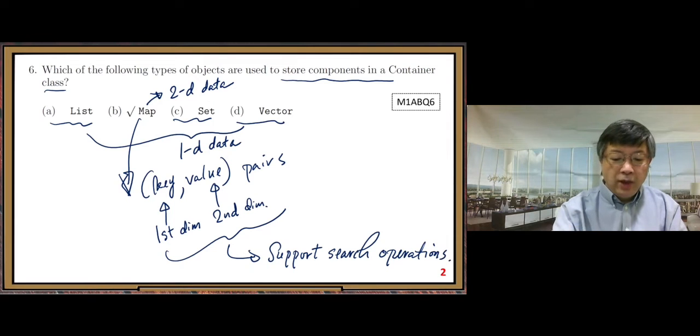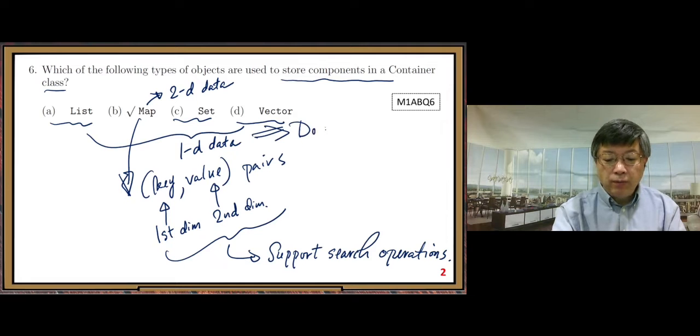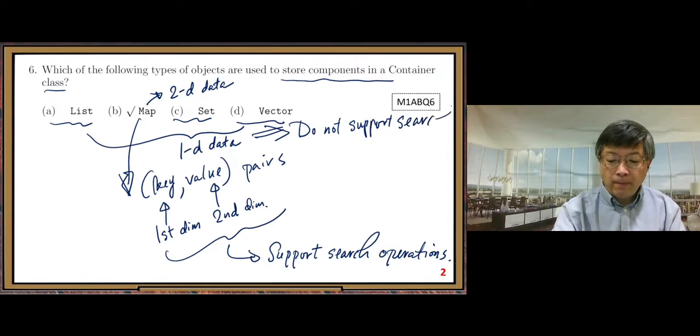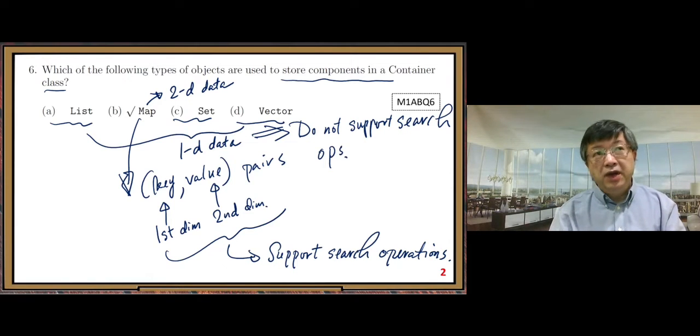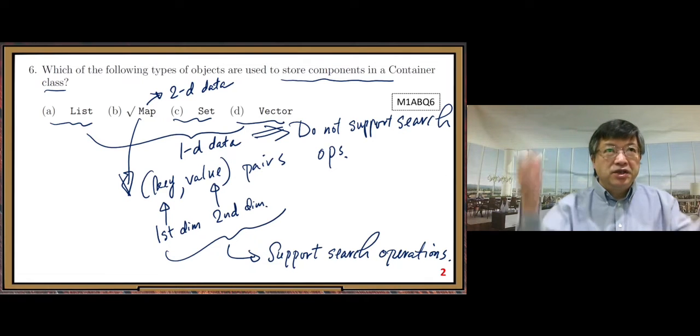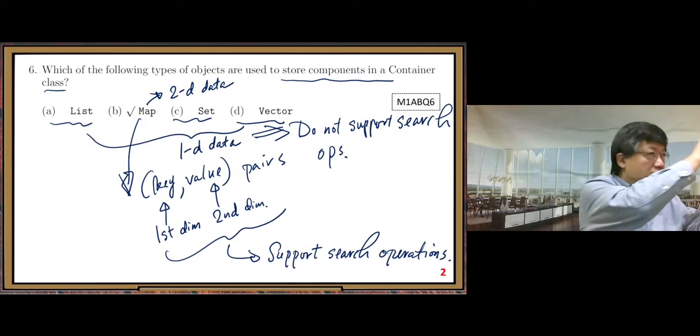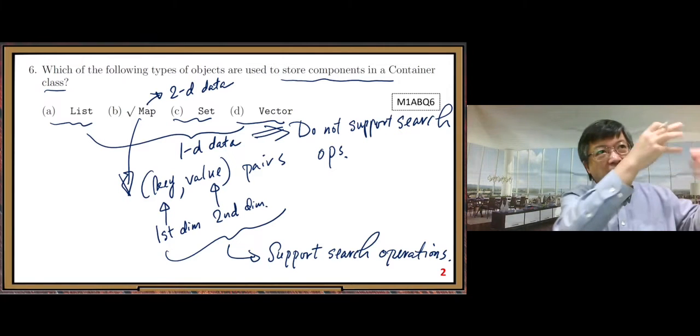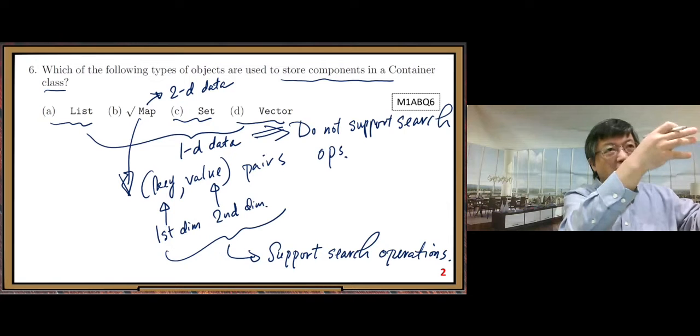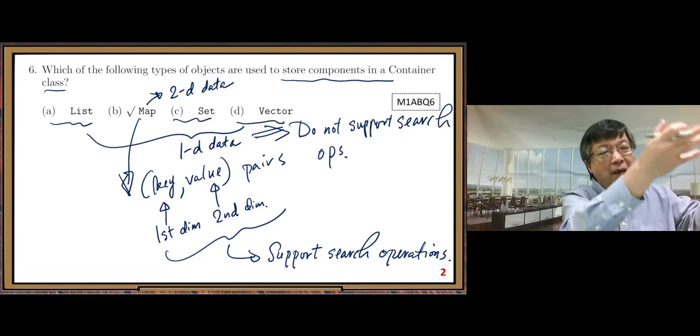Okay, those 1D structures do not support search operations. You can imagine easily why: for 1D data, in order to access one particular item, you have to start from the beginning and compare each data element to see if you get a match or not.